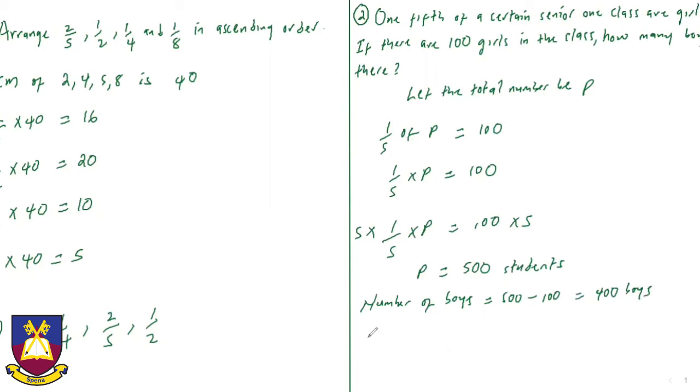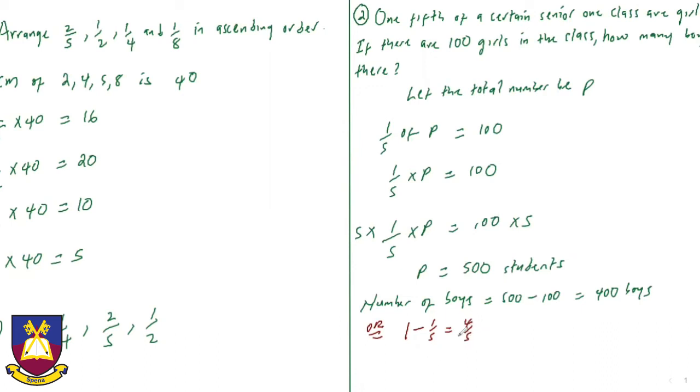Alternatively, you could get the fraction of boys. You could have got the fraction of boys by saying one whole minus the one for girls. That gives us 4 out of 5.